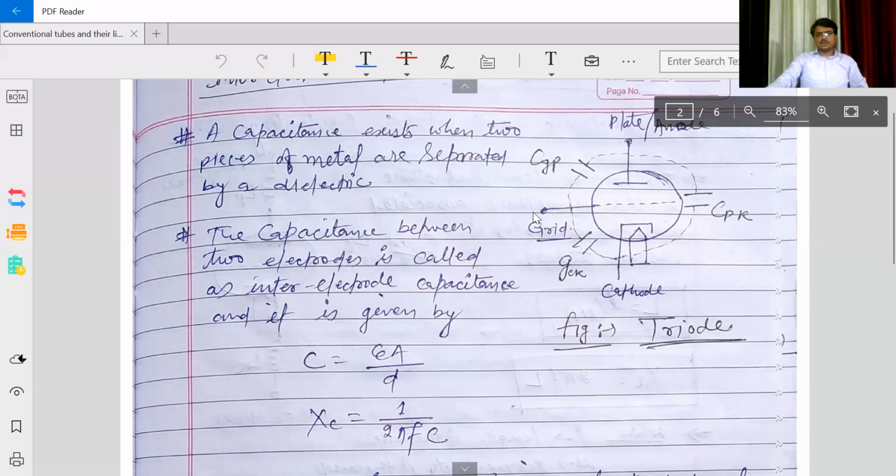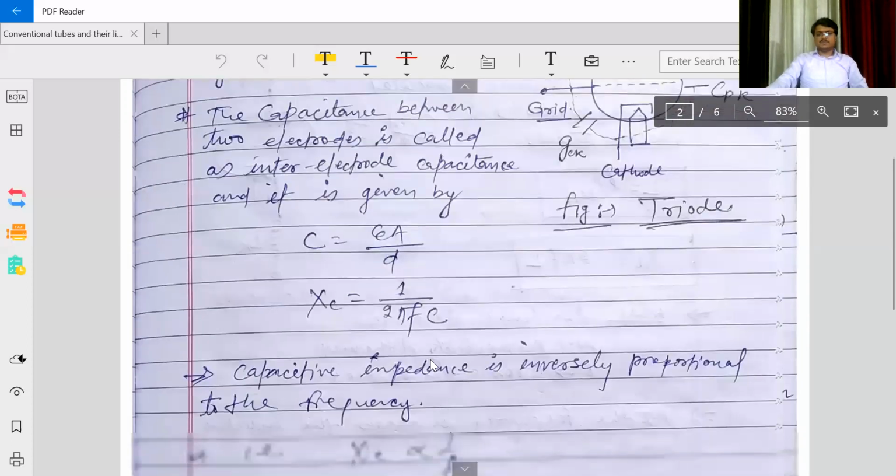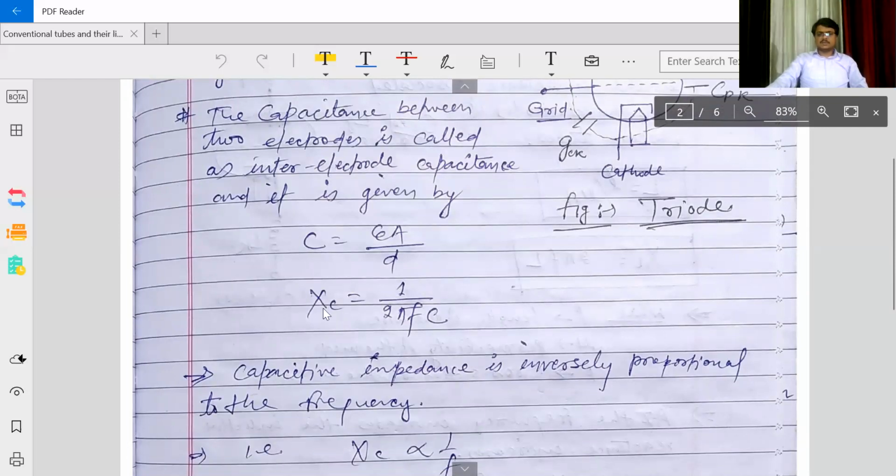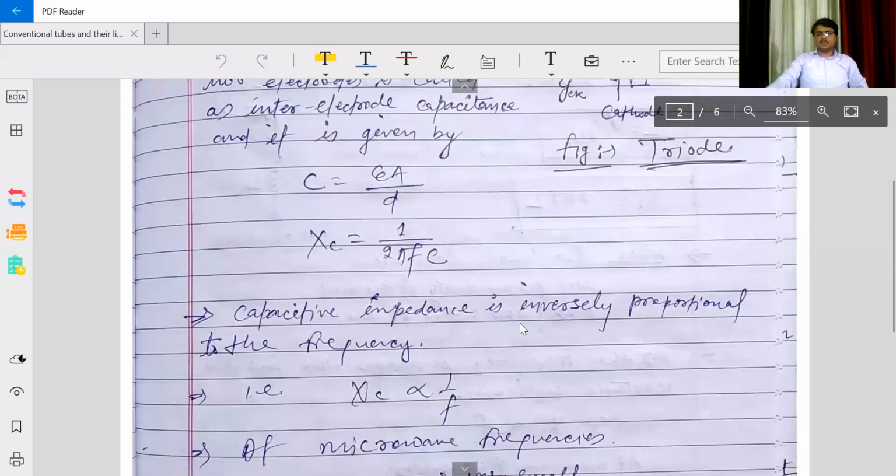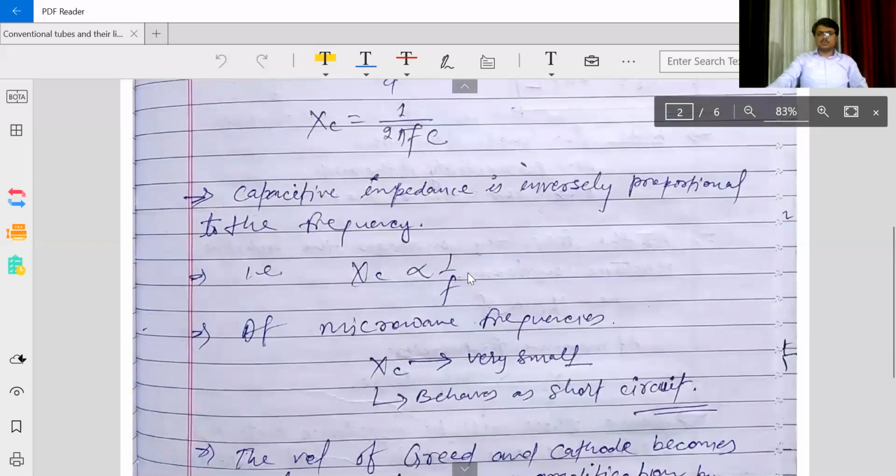So C equals epsilon A upon T, and Xc equals 1 upon 2 pi F C. We know C is constant and F is varying. As F increases, Xc decreases, since capacitive impedance is inversely proportional to the frequency.